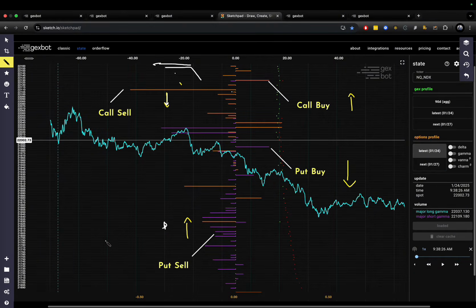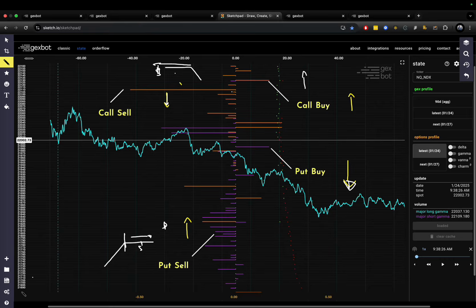In nature. Why? Because when you sell a put, you are expecting the market to go higher, right? And collect the premium. And same here with the call, you collect the premium. Now, on the right side, the orange ones are buying of calls, which in nature are bullish, right? And the buying of puts, which in nature are bearish, right?